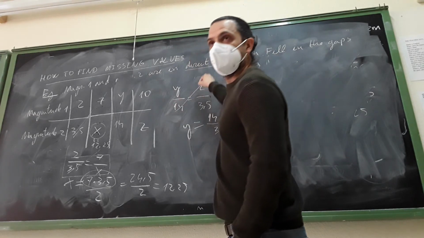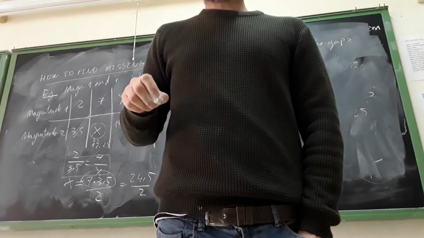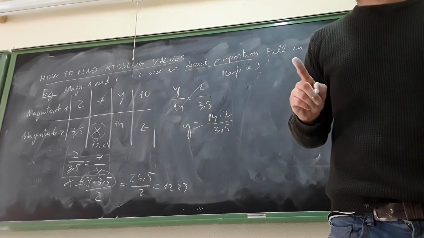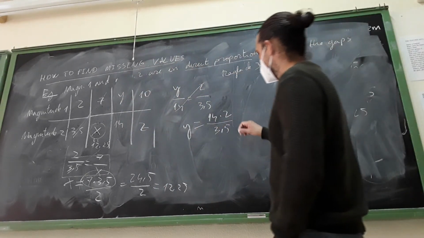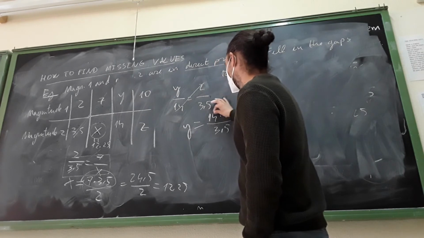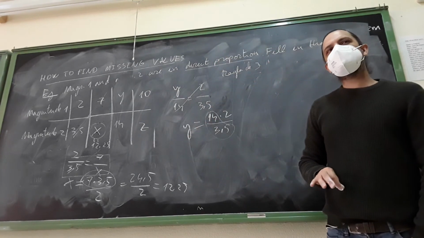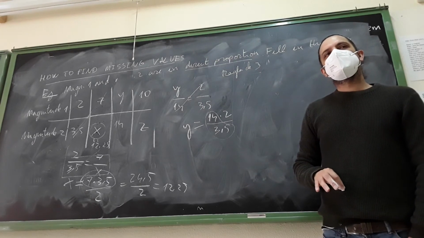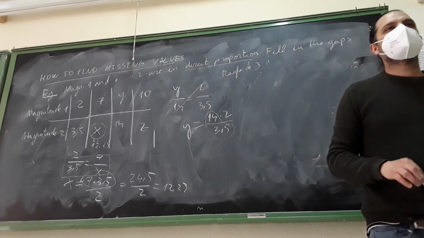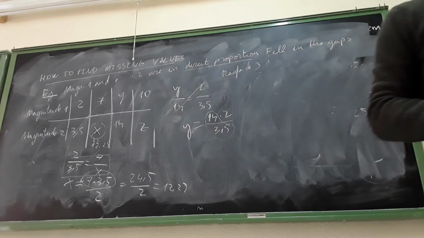Cross multiply and then divide. Is that right? Maria, see? Okay, then we are going to divide in this case. 14 divided by 3.5. How many times is 3.5 in 14?